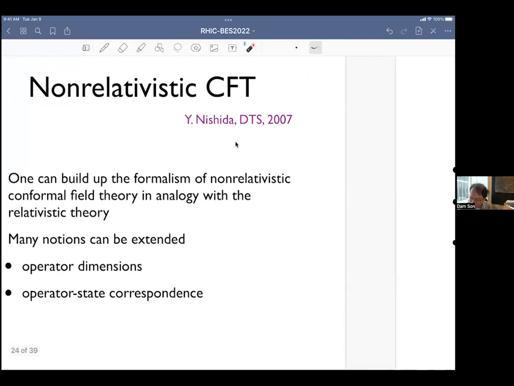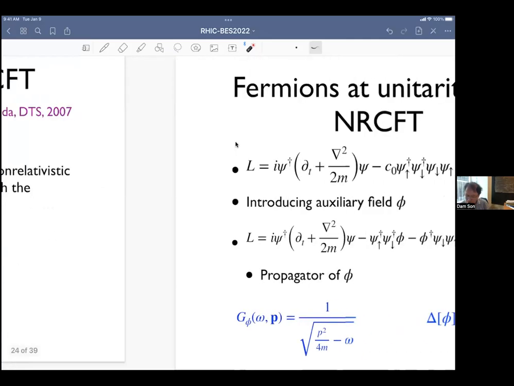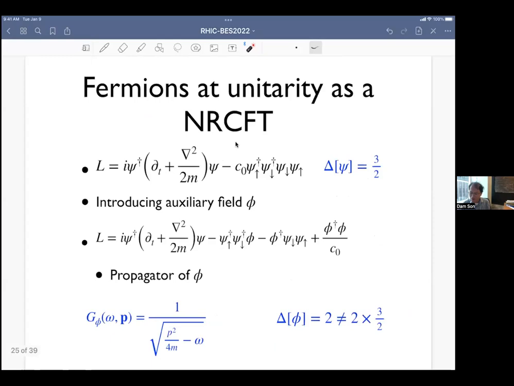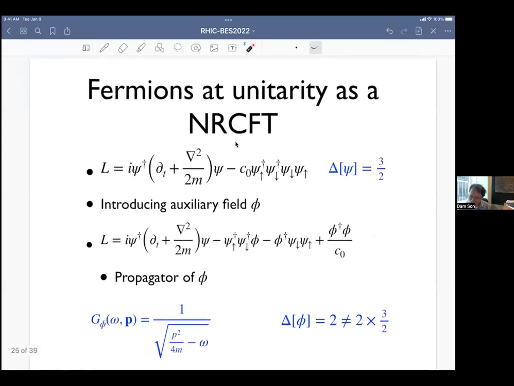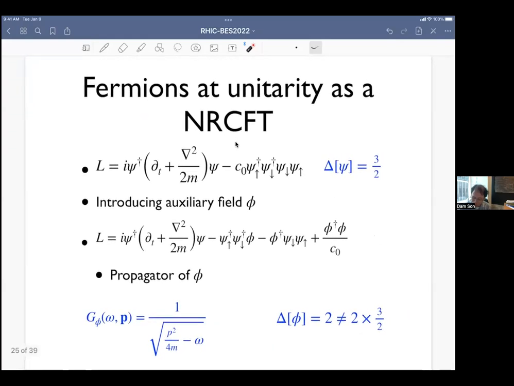unitarity fermions. So let's do a little bit of non-relativistic field theory, and write down the field theory describing fermions interacting with a short-range potential. So here we have the kinetic energy of the fermions, and here's the potential energy, which is just a delta function interaction with some strength C0, the coupling constant.